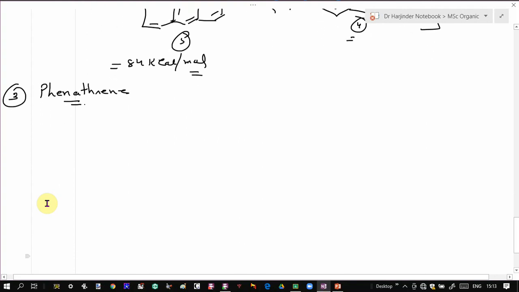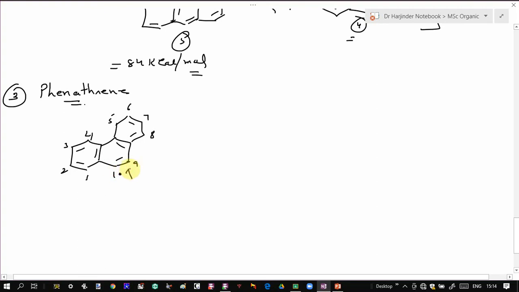Now phenanthrene is an isomeric form of anthracene. So it also has three aromatic rings, but it has an isomeric structure. Suppose I put double bond over here, then here, and then here. So it's again an aromatic compound, and if you want to number them, it's 1, 2, 3, 4, 5, 6, 7, 8, 9, and 10.